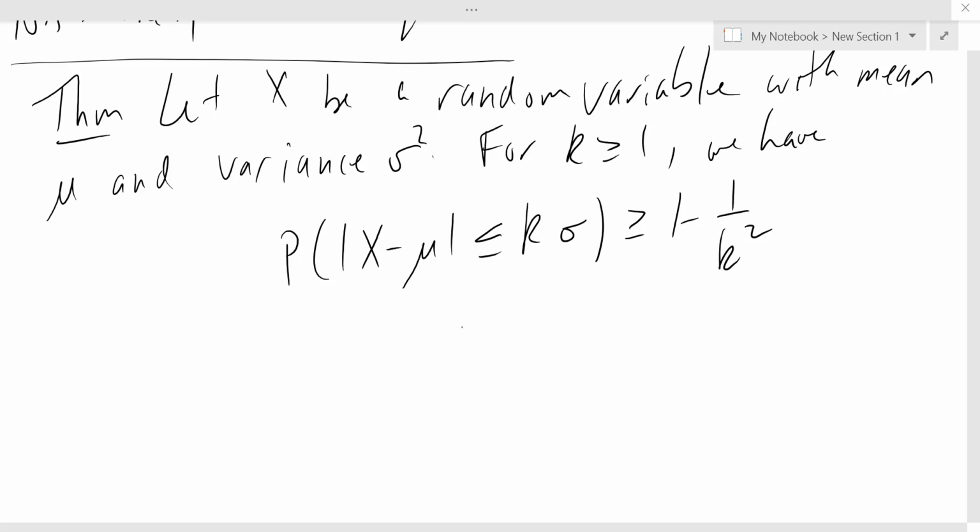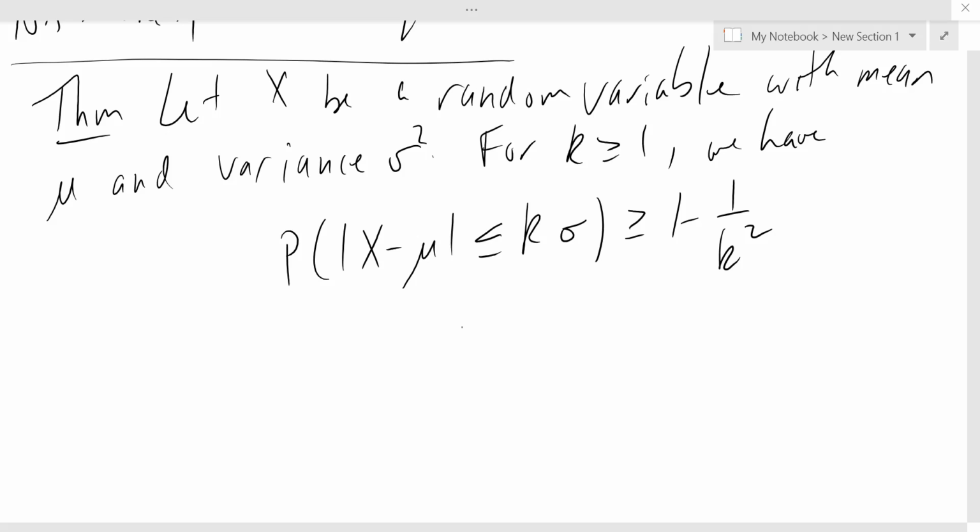So no matter what the distribution is, the probability that your data point is within 2 standard deviations of the mean is at least 0.75. That's a pretty big statement. And likewise, within 3 standard deviations, it's 0.8 repeating, 8 nines, if you put in 3 for k.